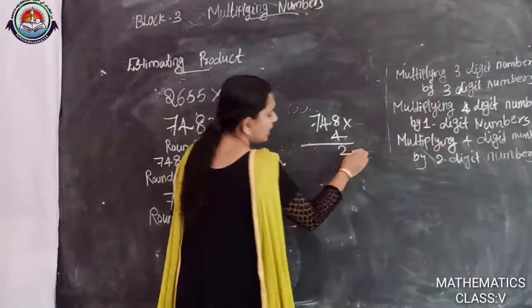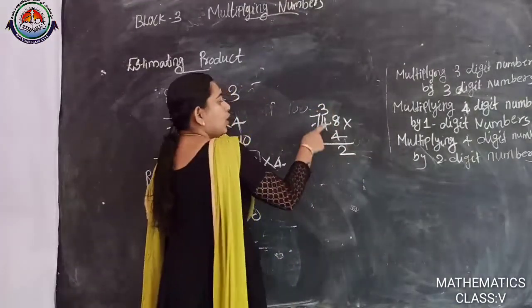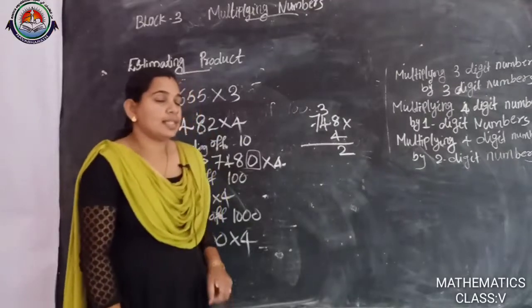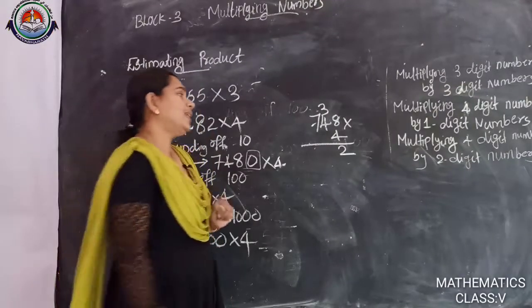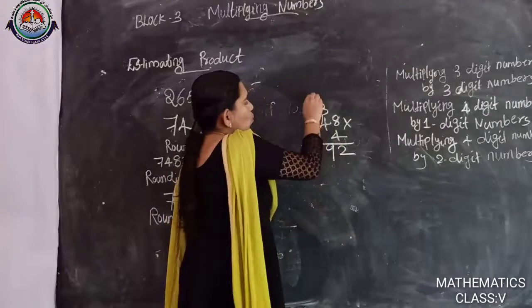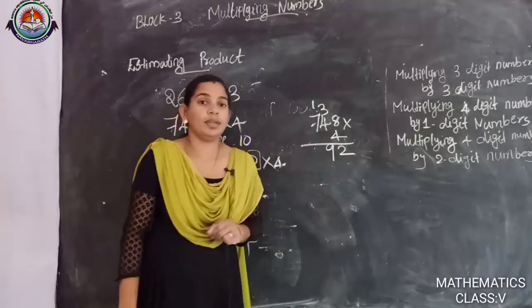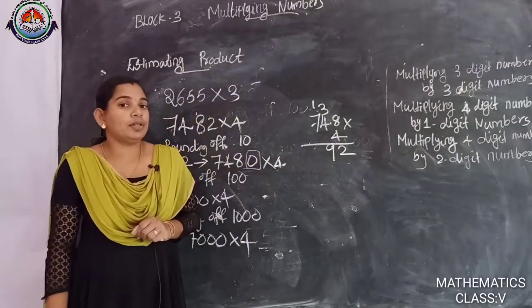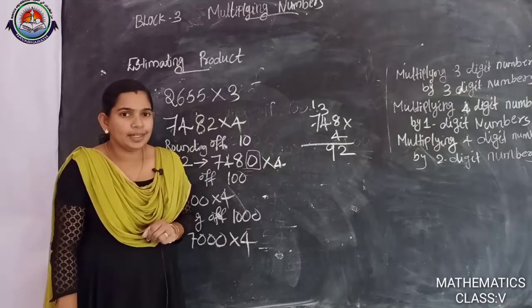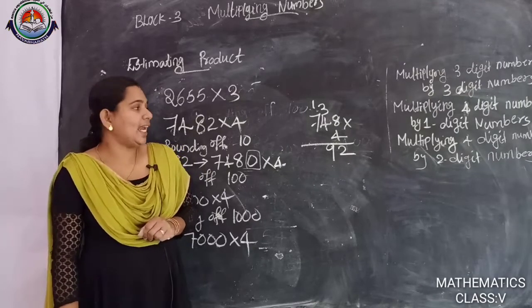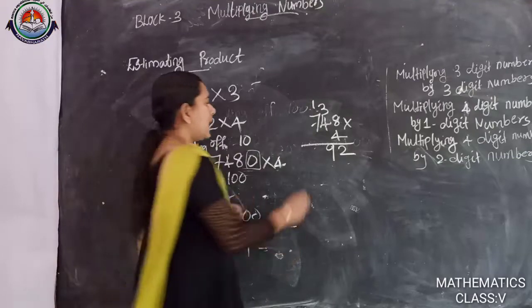We write 2 here, 3 as a carry. 4 into 4, 16. 16 plus 3, 19. 1 as a carry. 7 into 4, yes, 28. Here 1 carry is there, 29.